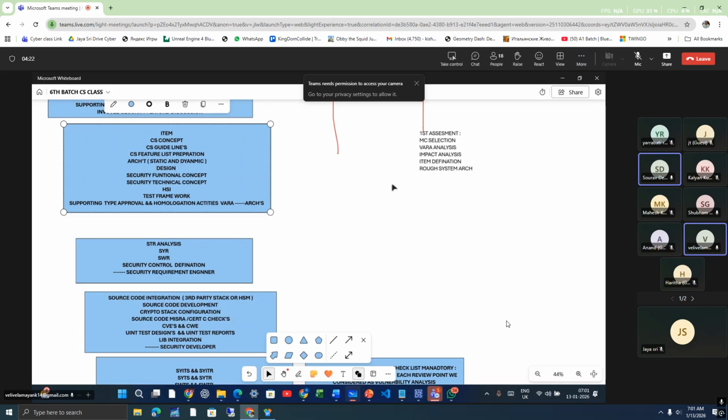System and software and hardware, all. And even the test design framework also sometimes. That is the reason I mapped it to architects, they will do that also.